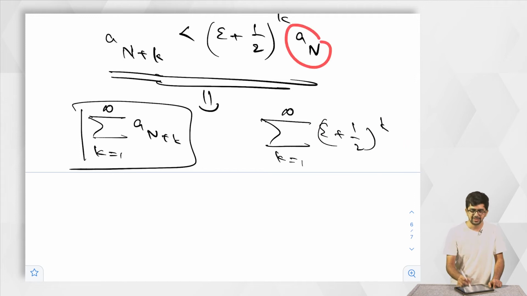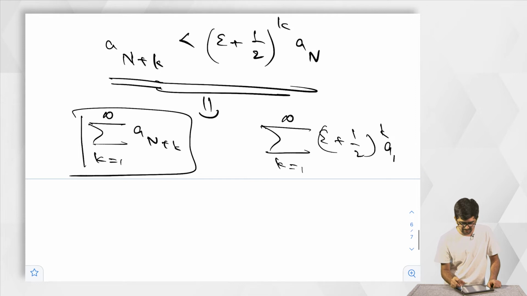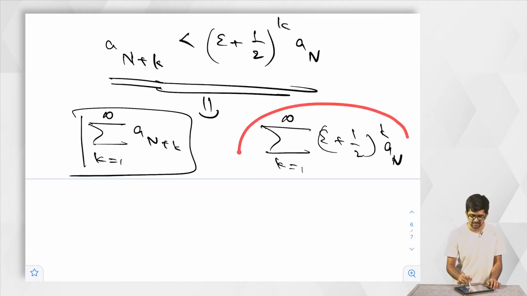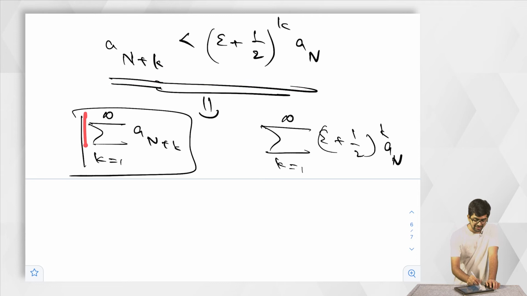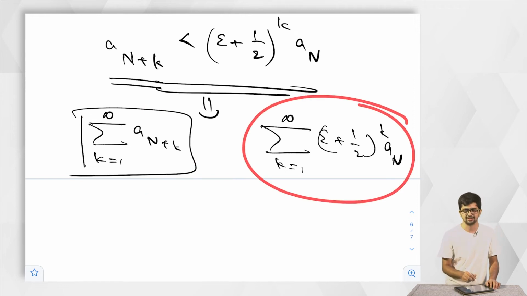Now this is just one number, any real number, so this also should be convergent. Right. So the sequence of partial sums associated to this series is bounded above. Again, this less than or equal to this implies the sequence of partial sums associated to this series is less than or equal to the sequence of partial sums associated to this series.